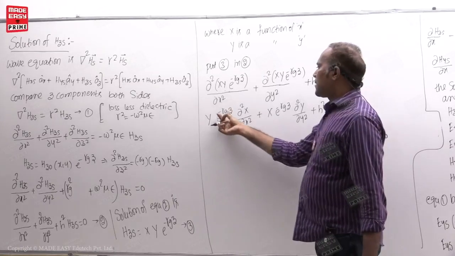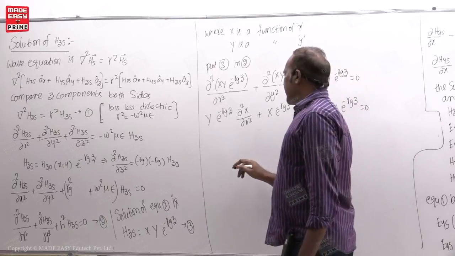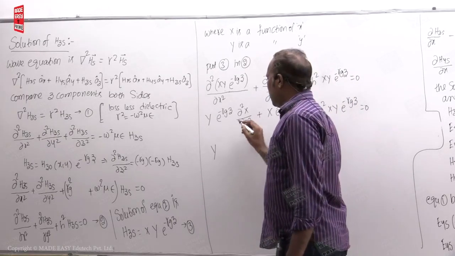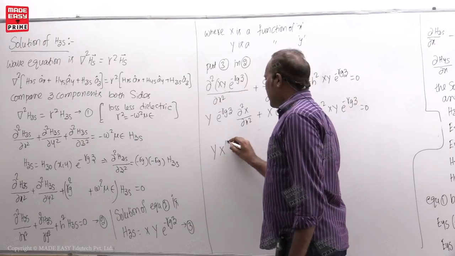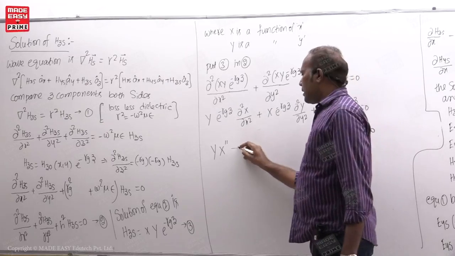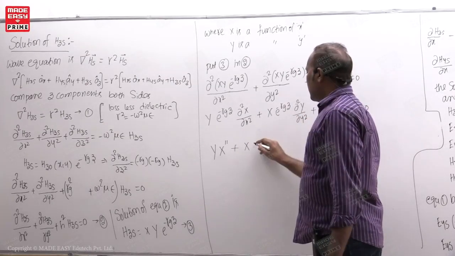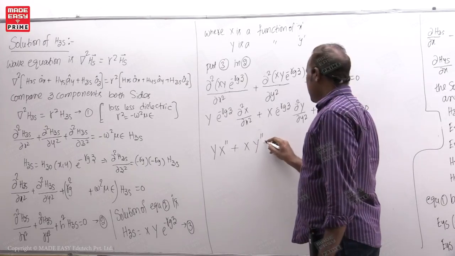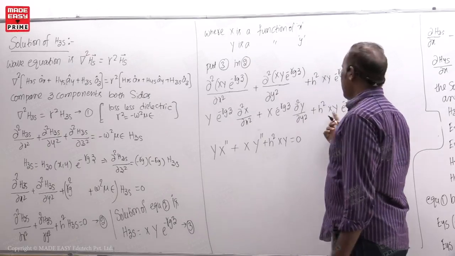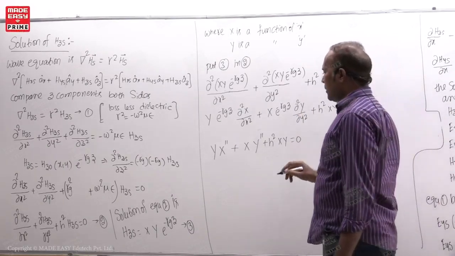So here e power minus gamma g z is common in all terms. Okay. Now this Y into, it is written as X double dash, capital X double differentiated with respect to x. Similarly, this one, X into this is written as Y double dash, plus h square XY is equal to 0. In all of them e power minus gamma g z is common, it goes outside, that becomes 0.